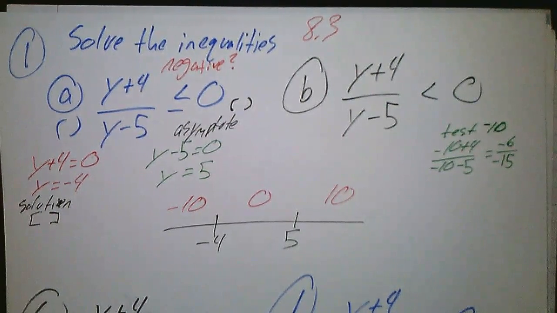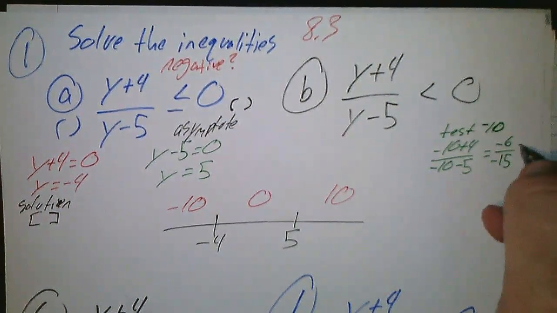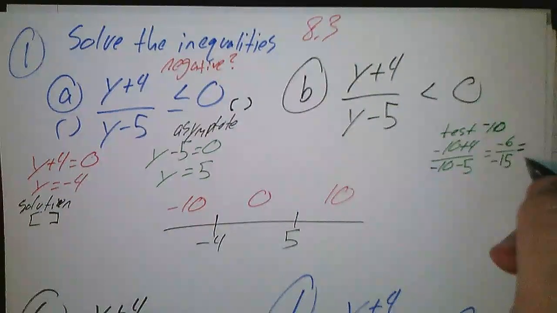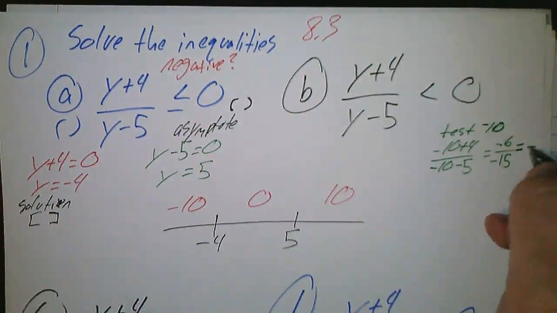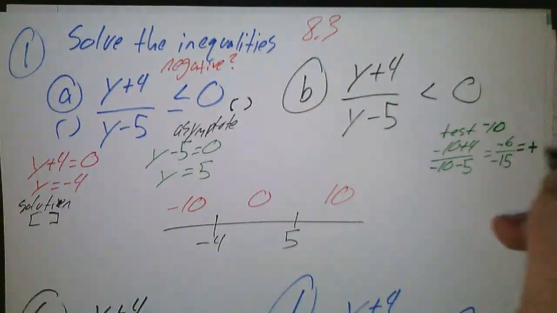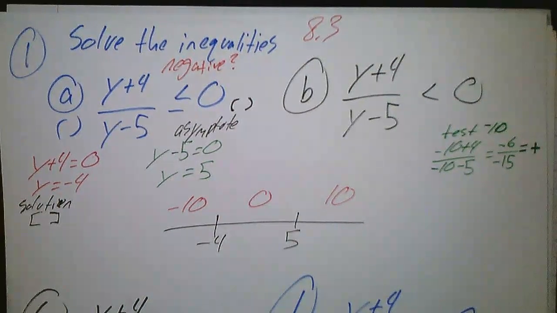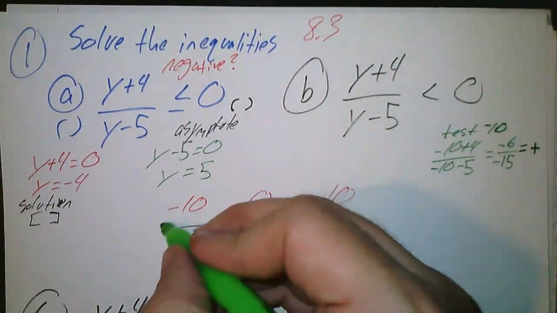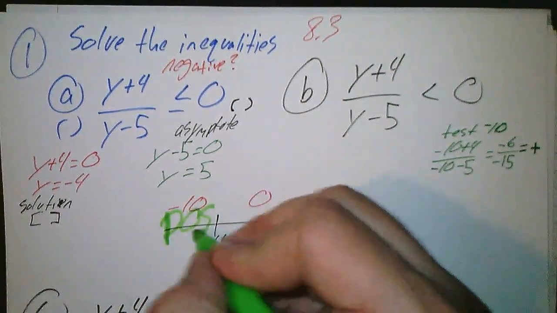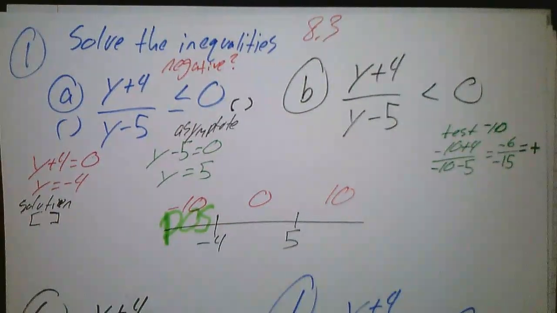But all we care about is, do we get a positive or negative value? A negative divided by a negative is positive. So, however you write it down, on the number line here, we are positive in that region.